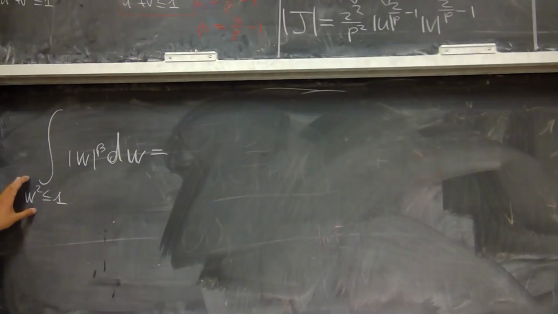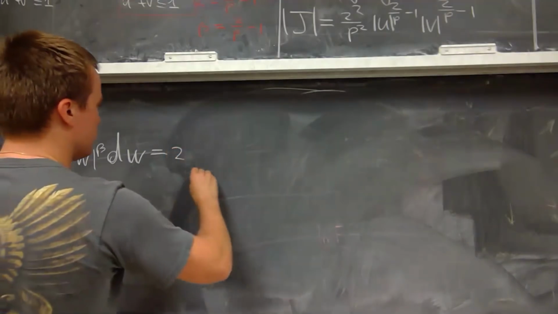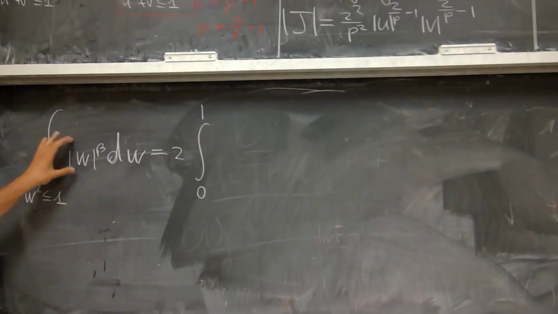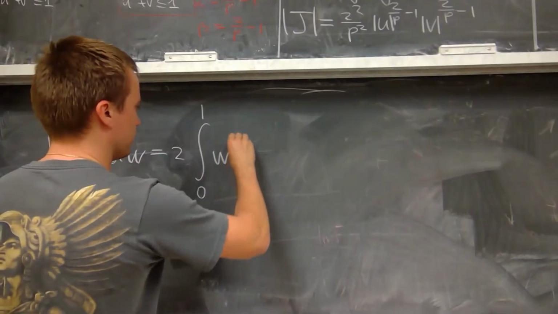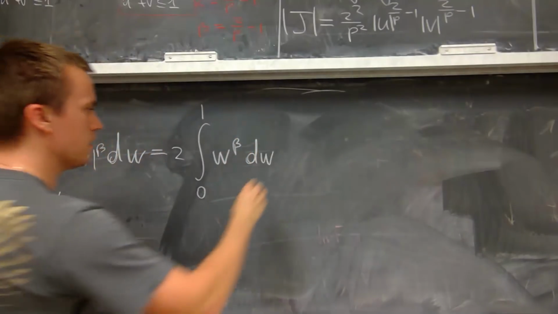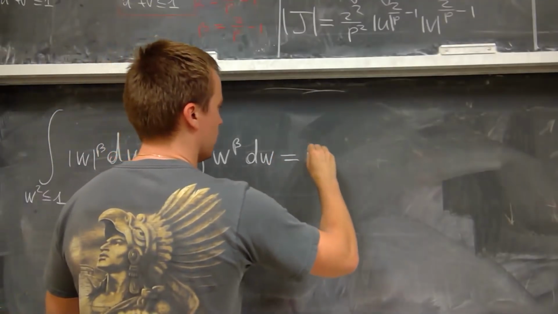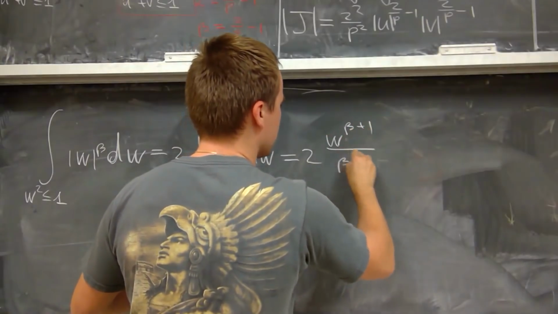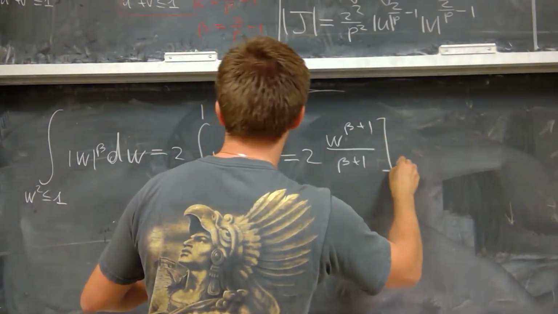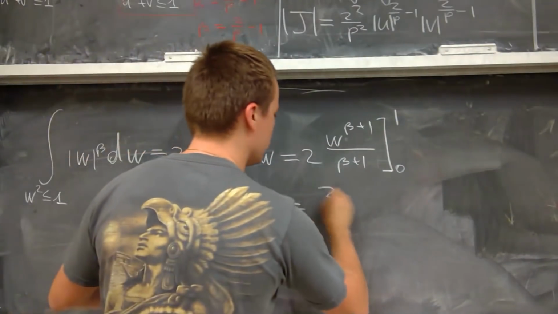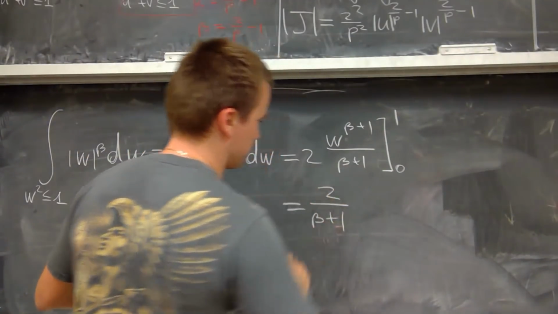So in this case, I can just write this as 2 times the integral from 0 to 1, when w changes from 0 to 1, the absolute value is positive, so we'll have w to the beta dw. And this equals just 2 w to the beta plus 1 over beta plus 1 from 0 to 1. And you can check it's actually equal to 2 over beta plus 1.